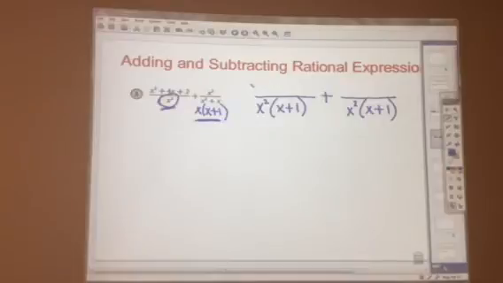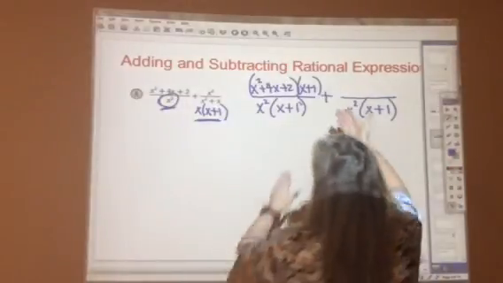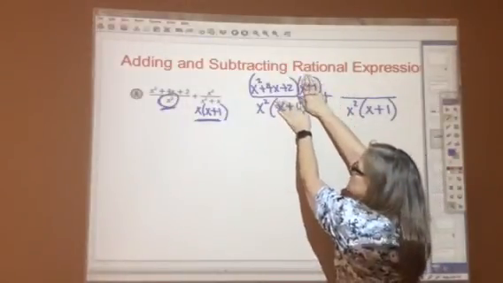Up here I have x squared plus 4x plus 2 times x plus 1. Notice, in my numerator and in my denominator, I have x plus 1s.